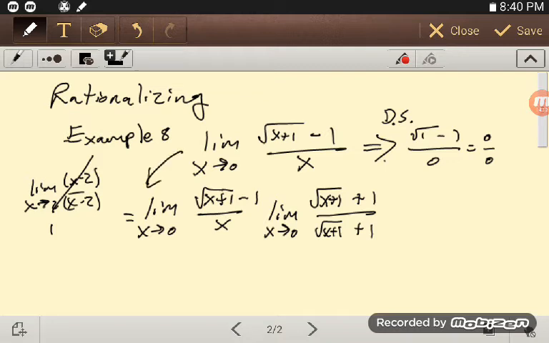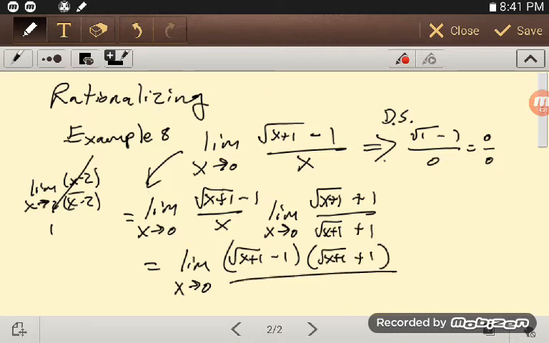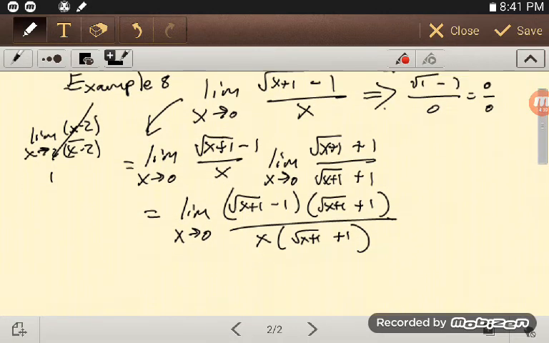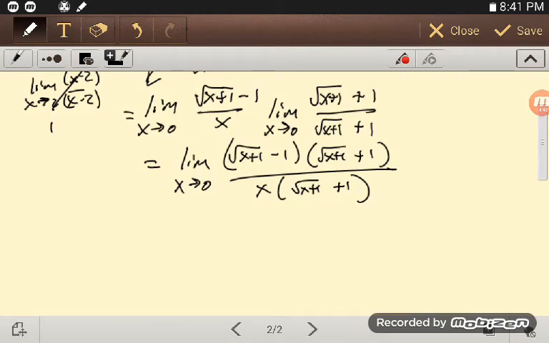And now I combine those limits all under one limit. Limit as x goes to 0 of the square root of x plus 1 minus 1, times the square root of x plus 1 plus 1, divided by x times the square root of x plus 1 plus 1. And what a nifty little idea here, because now I multiply these, and again you get the difference of squares.